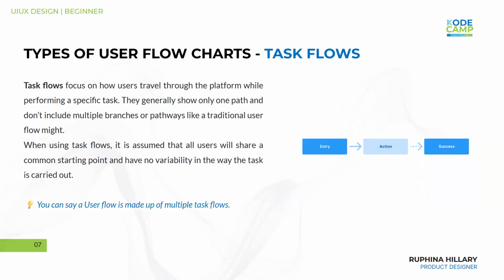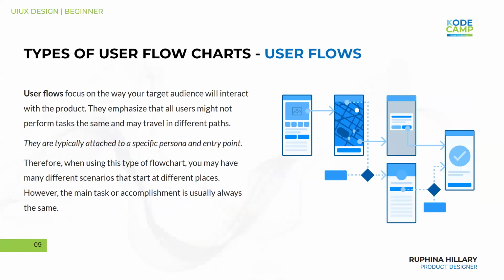Then the third type of user flow chart is the user flow. This is the one we know, or the one we are familiar with. User flow focuses on the way your target audience will interact with the product. User flow is basically a task flow of multiple tasks.